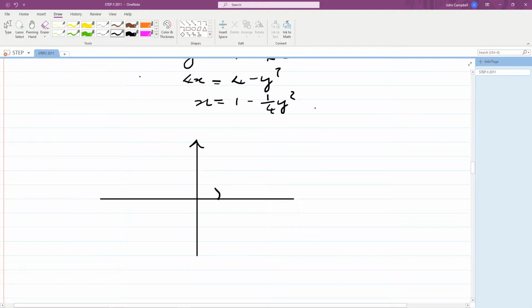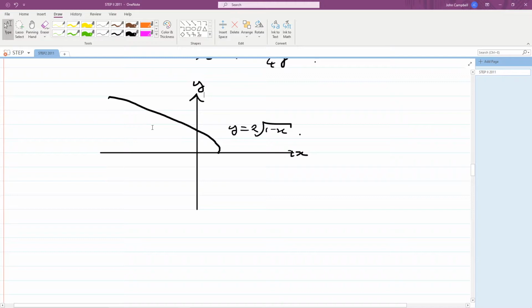Okay, so something like this. So this is going to be y is equal to 2 times the square root of 1 subtract x. If you swap the x-axis and y-axis round, you get exactly a parabola that was going out like this.